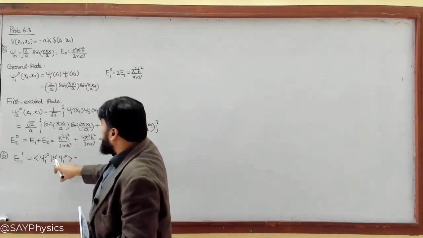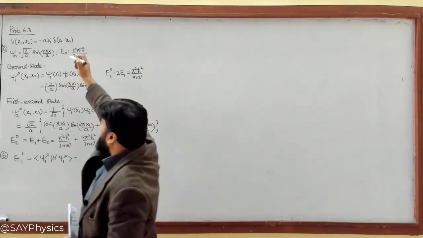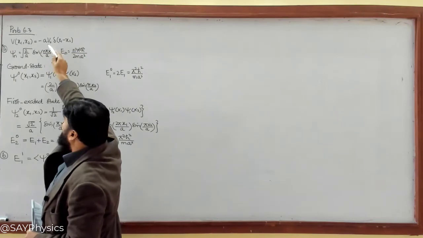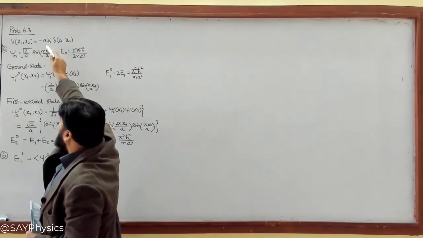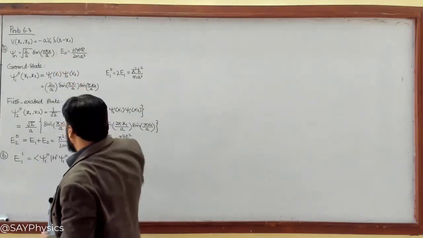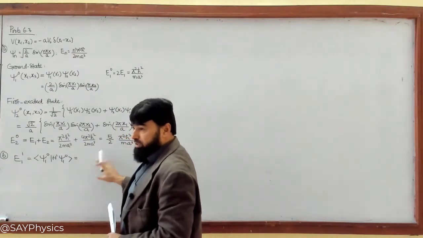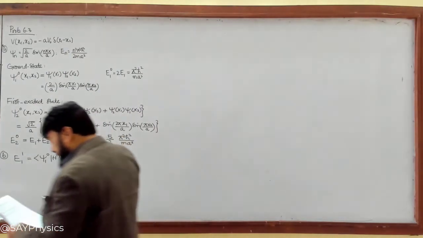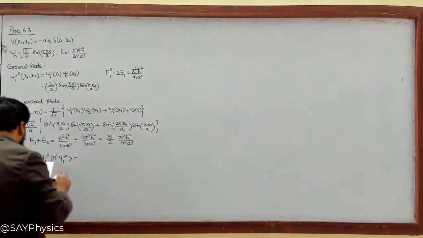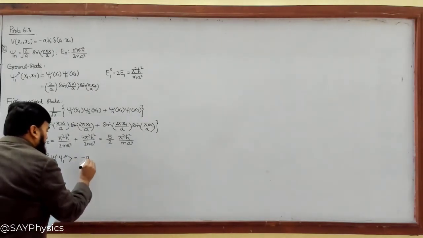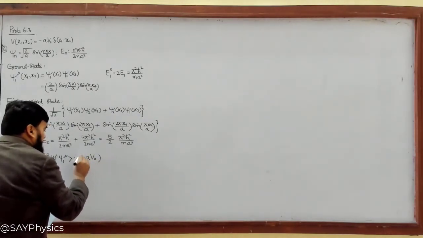Then it will be h prime. H prime is already this potential. This is the h prime. So minus a times v naught, and then delta will come inside the integral with the two wave functions. So I can write it like this, that minus a v naught will come outside.